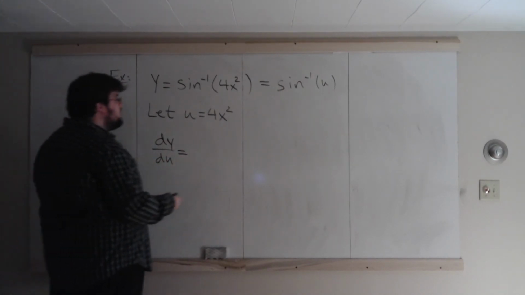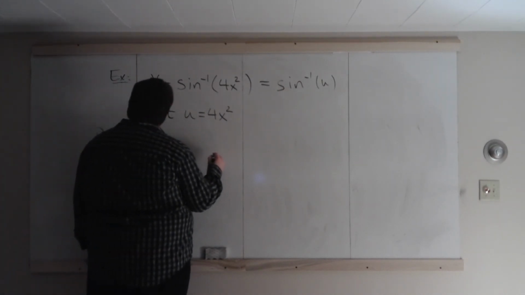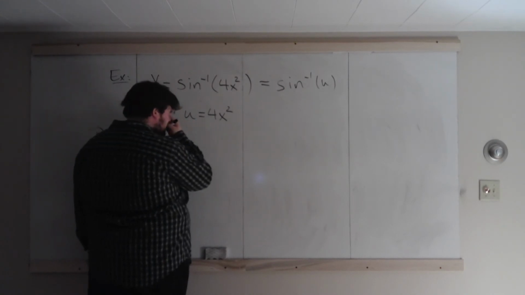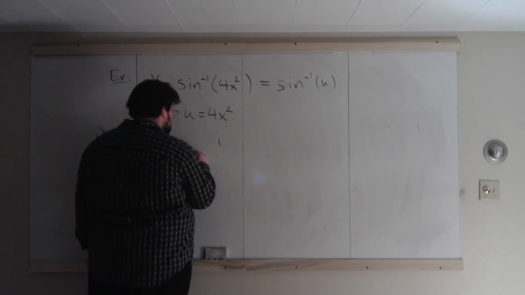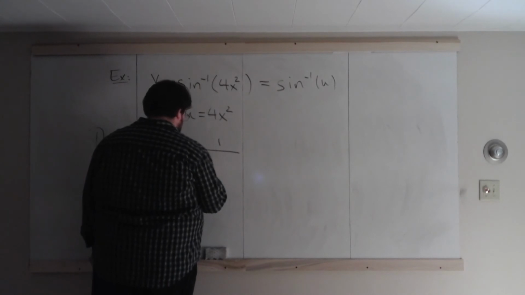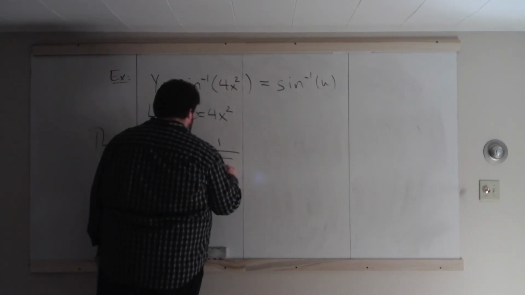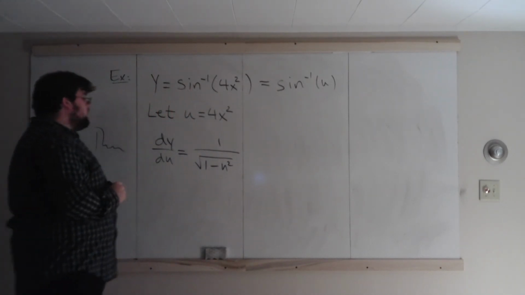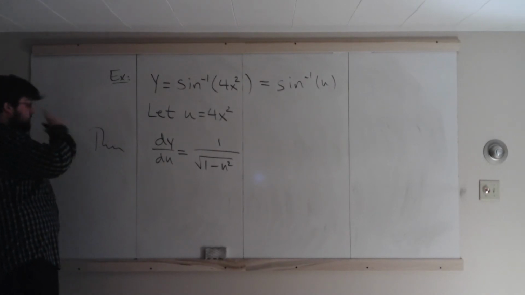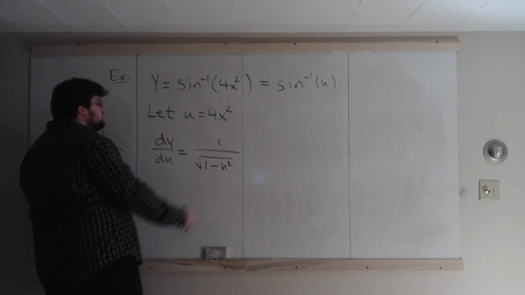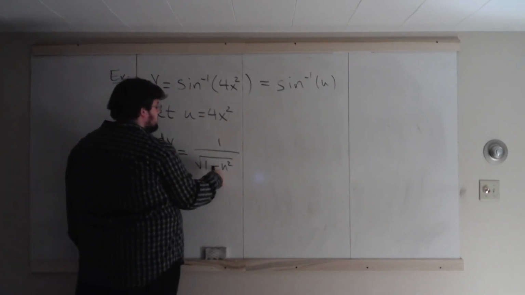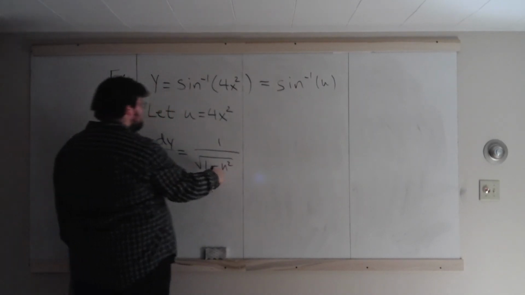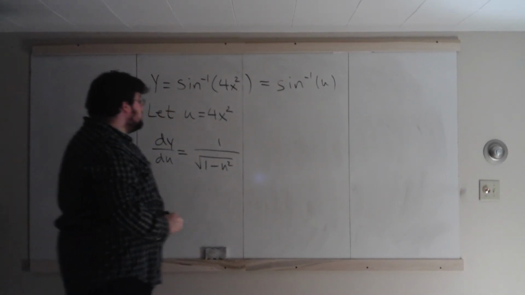is given by what? Is that one negative or not? Positive. 1 over root 1 minus, in this case, u squared. Derivative of inverse sine is 1 over root 1 minus the inside squared by Rule 17.